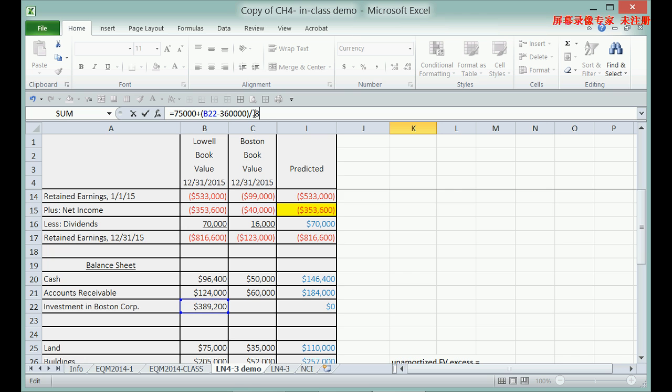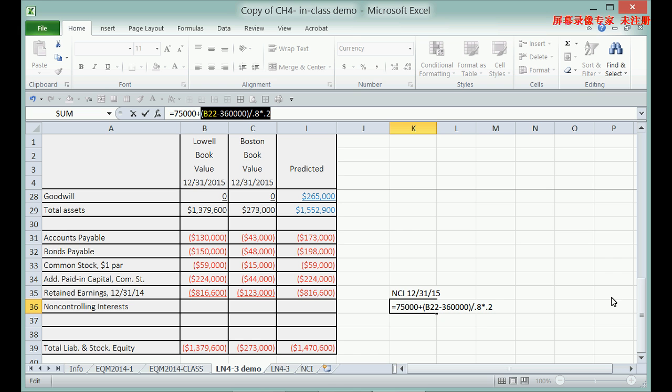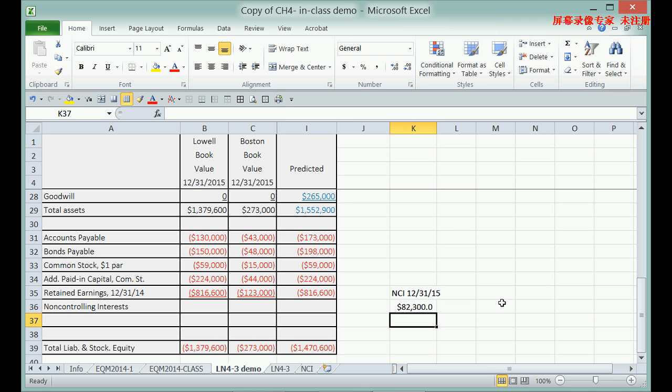That's the 100%, and then multiply by 20%. So this is basically telling us how much the NCI has changed because it mirrors the CI's investment account, plus the cost of the NCI. We know the ending balance of the non-controlling interest should be 82,300.